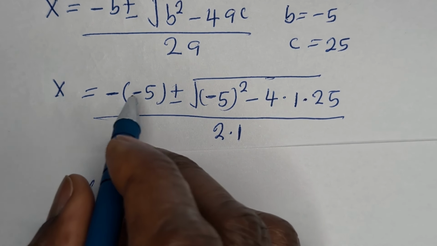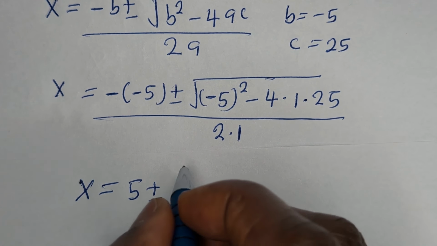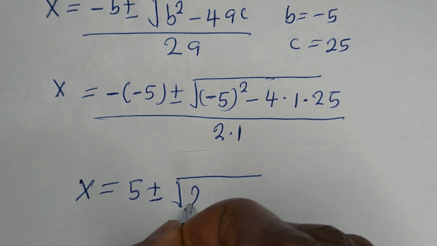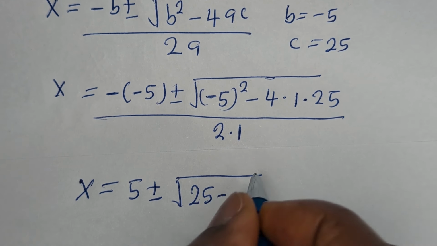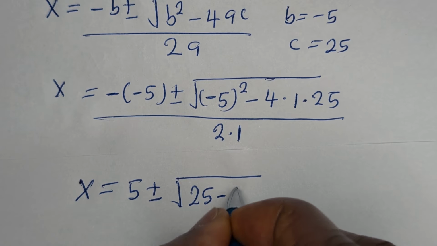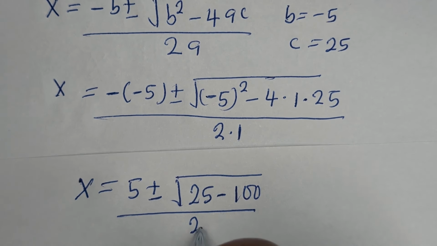x is equal to minus times minus 5. This is 5 plus or minus square root of minus 5 square, that is 25, minus 4 multiplied by 1 multiplied by 25, that is 100, over 2.